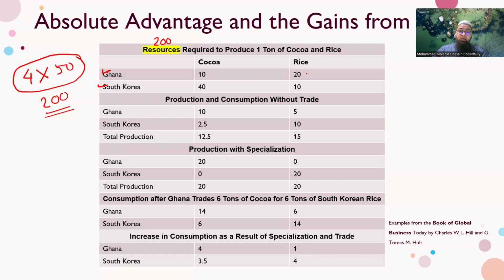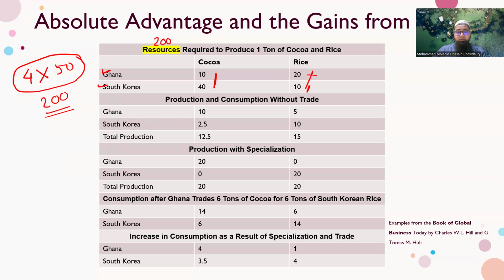On the other hand, to produce rice, they need 20 resources. South Korea needs 40 resources to produce 1 ton of cocoa. For 1 ton of cocoa, Ghana needs only 10 resources, while South Korea needs 40. For rice, South Korea needs only 10 resources, but Ghana needs 20.